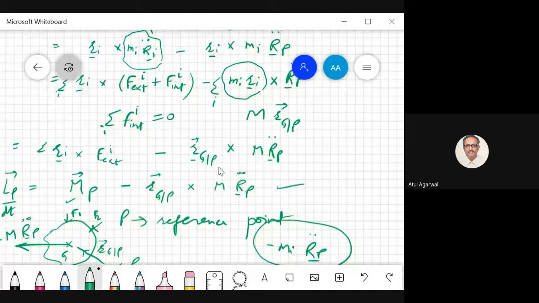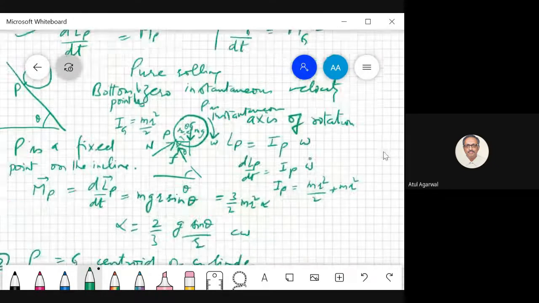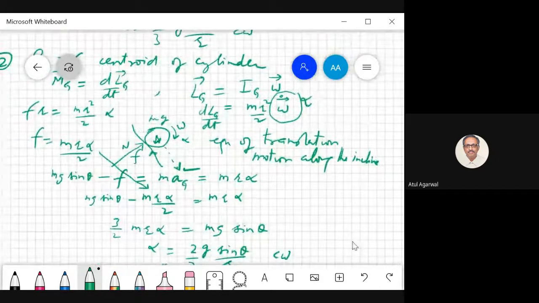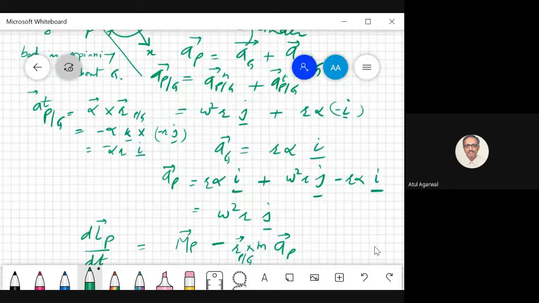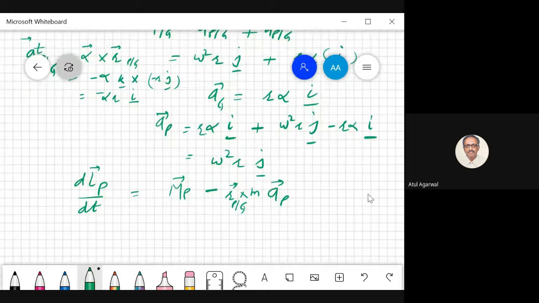You see, I have shown R from P to G. You have to see where G is with respect to P. Oh, I have written it the other way around.